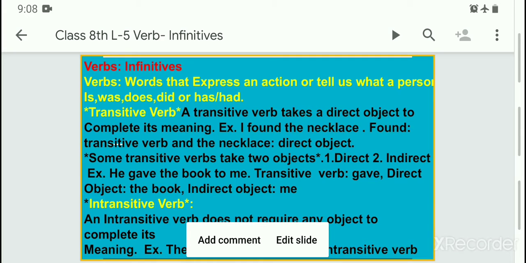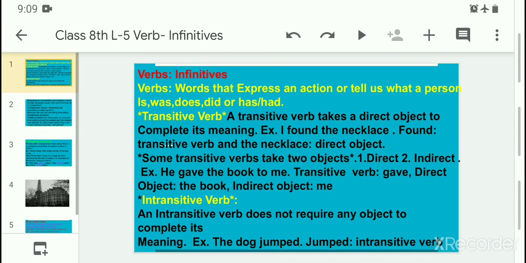Verbs are words that express an action or tell us what a person is, was, does, did or has, have, had, right? So a verb is a word that expresses an action. ठीक है?